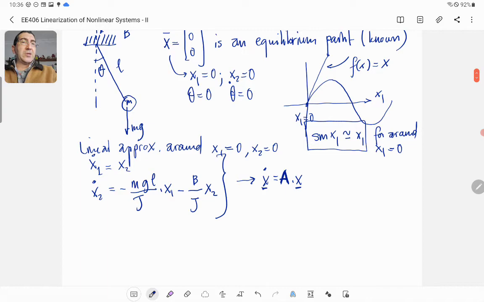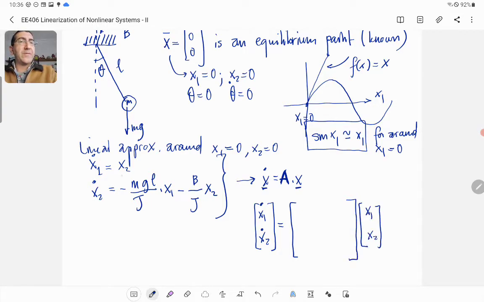So if I write this equation in this form, what I'm going to get is x1 dot, x2 dot, the derivative of my state vector, is a matrix A times my states x1 and x2. From this equation, I can see that the derivative of the first state is equal to the second state.